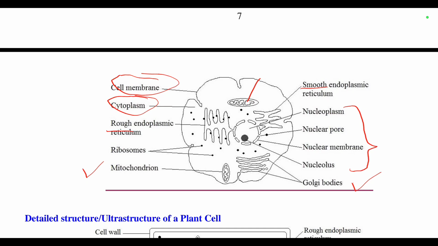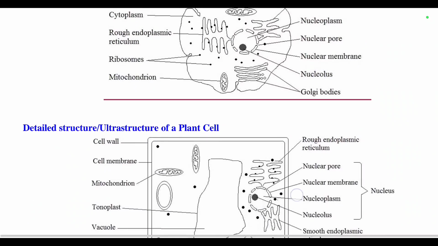Now, what makes the rough endoplasmic reticulum rough? Because it has ribosomes on its surface. You have these black dots on the surface of this reticulum. Then you also have here this one, which is smooth because it doesn't have these ribosomes.